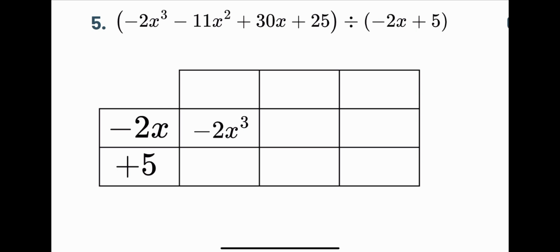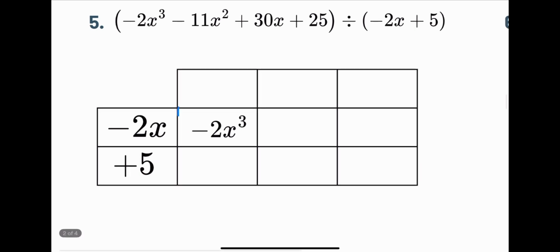Okay, let's start. Since we have this box here, we should be able to get this box by looking at these, okay? So the way that this works is these inside boxes are the product or the products of multiplication.